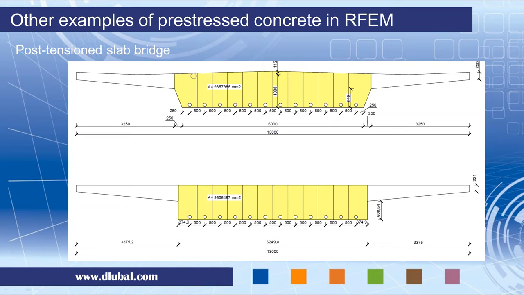You see here this exact shape of the cross-section, and if we simplify it, then we define these result beams. Each result beam would contain one tendon, and then we can use RFEM to calculate the real 3D distribution of stresses caused by the moving loads.